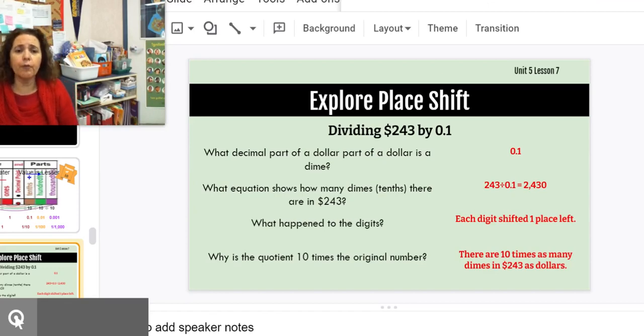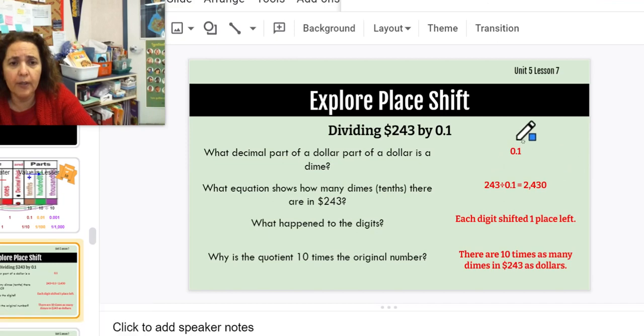Dividing 243 by 1/10. So what decimal part of a dollar does a tenth represent? A tenth is the same thing as having one dime, right? 0.1, one dime. So think about it.